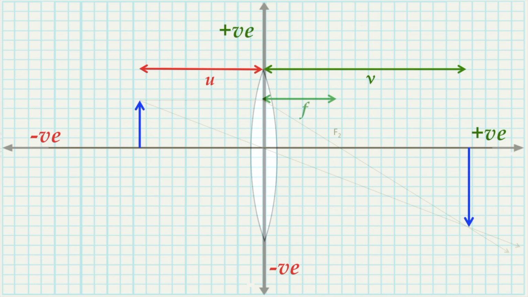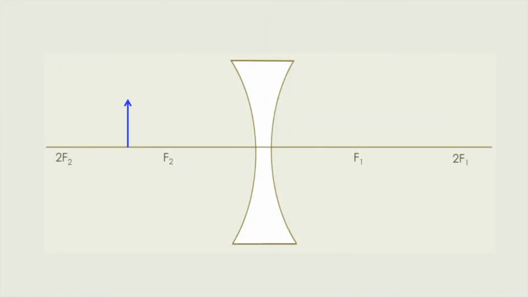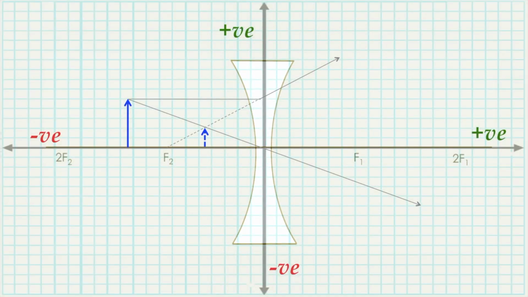Also, the image height would be negative in this case and the object height would be positive. For a concave lens, we would discover that the focal length, object distance and image distance are all negative because they are on the left of the lens.